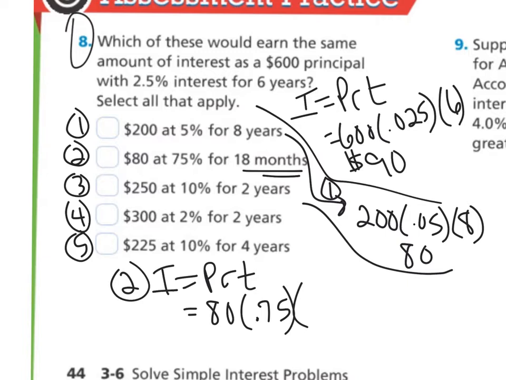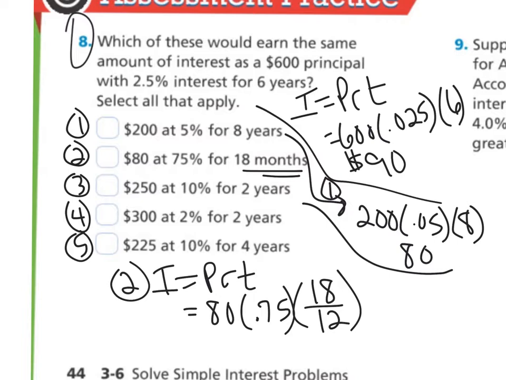So we know there are 12 months in a year, so you could do 18 divided by 12, which would be 1.5. Generally speaking, if they gave you something that wasn't very nice, like 17 months or something, what you could do actually is just put whatever the months they give you over 12.